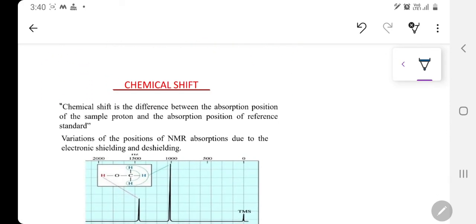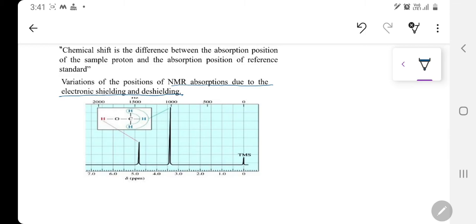Chemical shift is the difference between the absorption position of the sample proton and the absorption position of the reference standard. This is the variation of the position of NMR absorption due to electronic shielding and de-shielding. Such shift compared with the standard reference in the position of NMR absorption, which arises due to the shielding and de-shielding of protons by the electrons, is called the chemical shift.